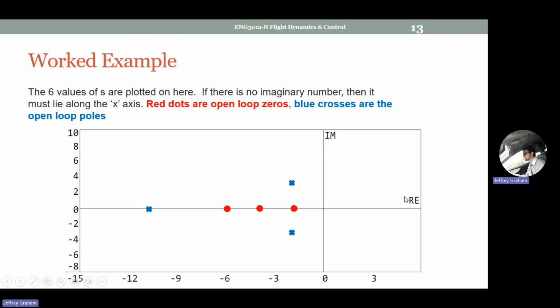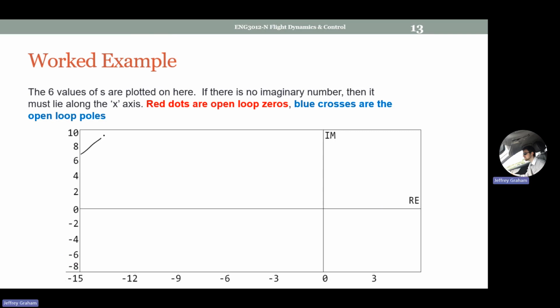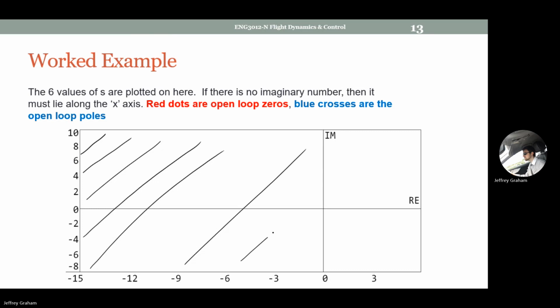It doesn't tell you anything for now, but that is how the system is going to start and end. What it does in between becomes important. If your root or your output falls in this section, so notice it's left of the imaginary axis or the y-axis, so we've got a negative real part, the system is usually deemed to be stable.